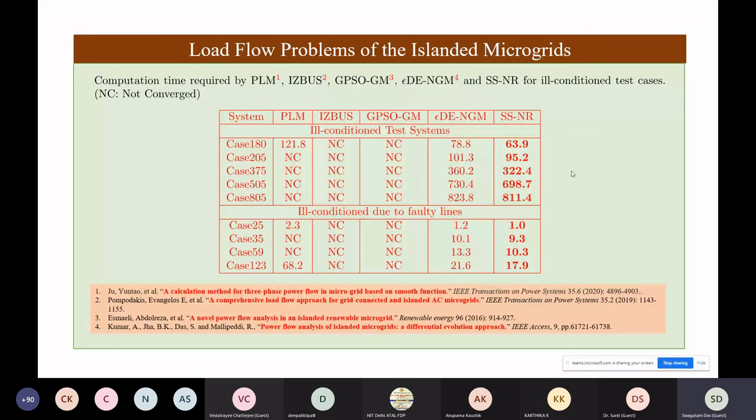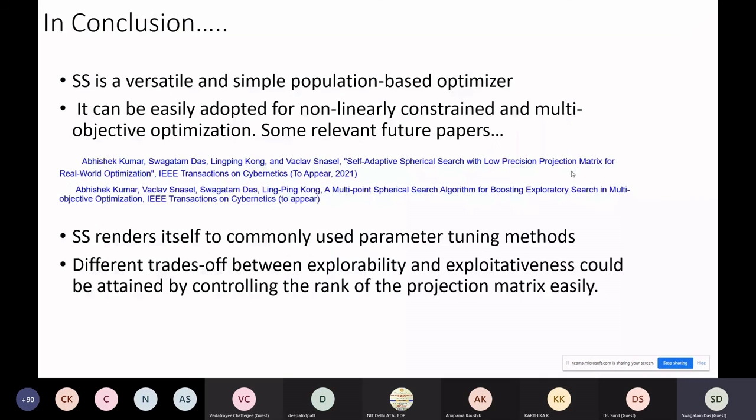So I will be concluding now. Coming to the conclusion, I presented a systematic approach to do spherical style search in the population-based stochastic algorithm domain. That's the domain of metaheuristics. And we call this total approach SS.